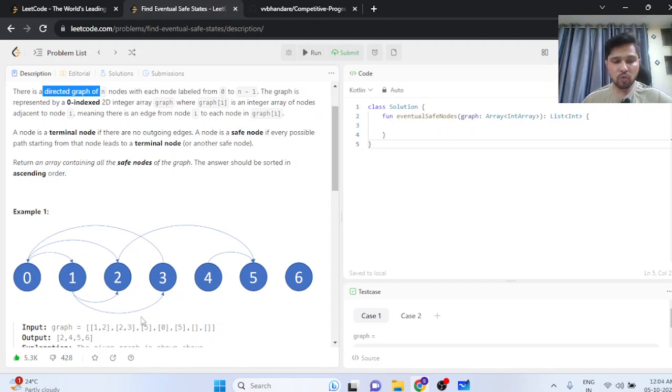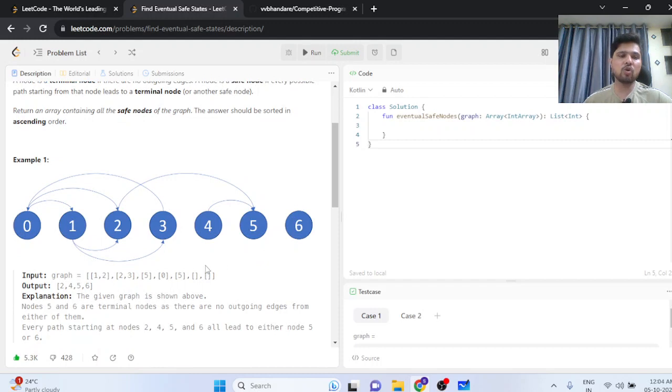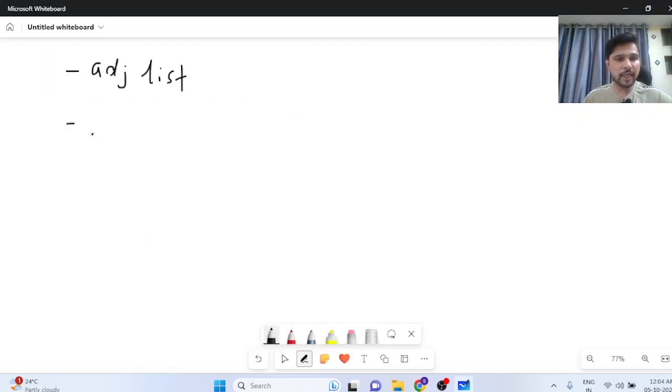That way we have to reverse the whole chaining or linkages and form the adjacency list. Once that is done, the second step is to calculate the in degrees of the vertices. So for each of the vertices we have to calculate the in degree. Okay, that is step number 2.